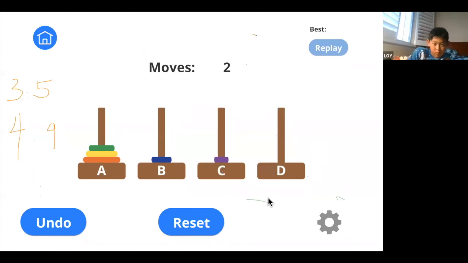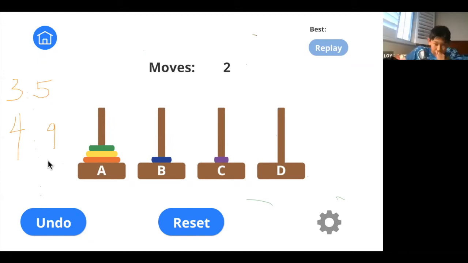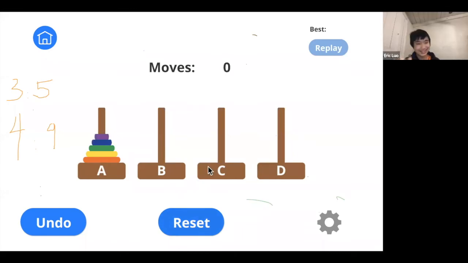Blue ring to B. Lloyd, I think you might be lagging a bit. Why don't you try rejoining? Can I restart? Okay.